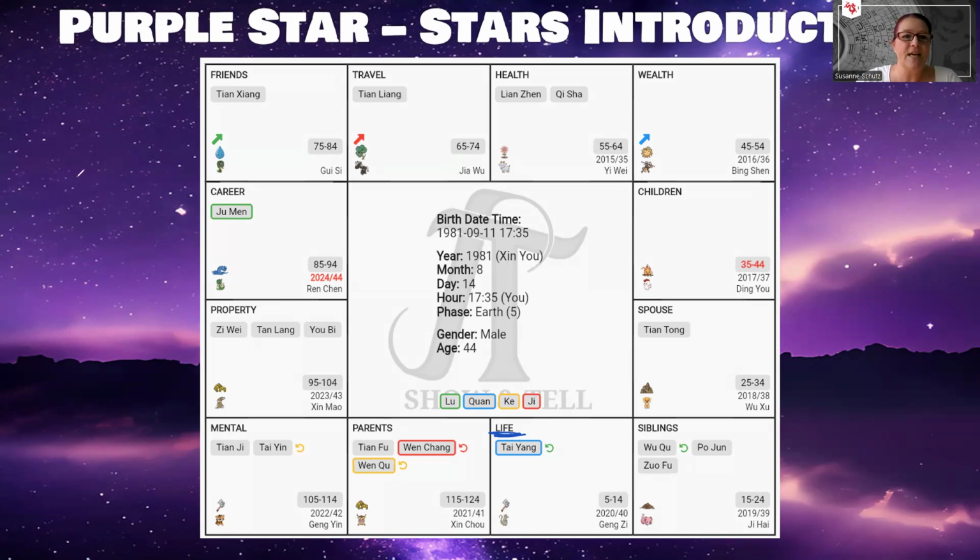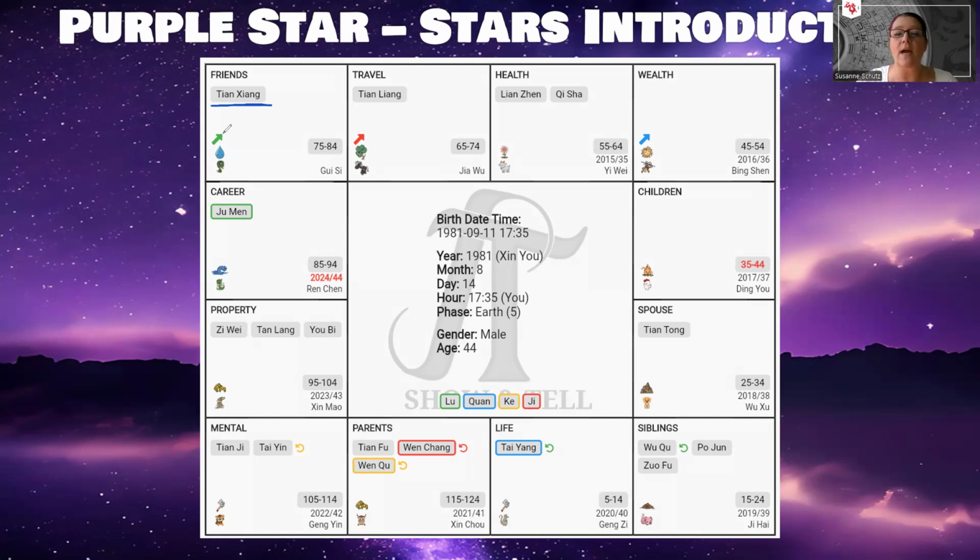Now, as I mentioned, today we are going to focus on the two remaining stars we have not discussed. That is the Tian Xiang star and the Wu Qu star. The Tian Xiang star in this particular example is in the Friends Palace. So for you, it may appear somewhere else. It may appear in the Children Palace or the Property Palace.